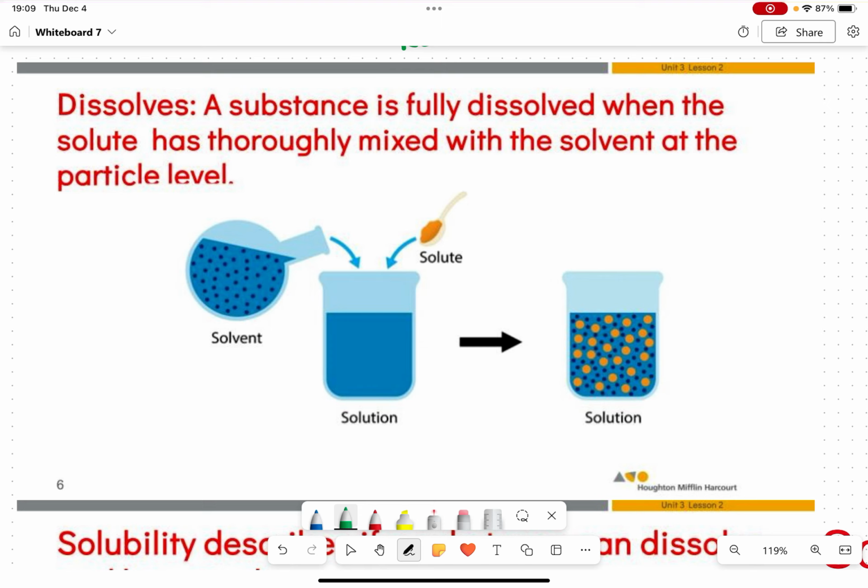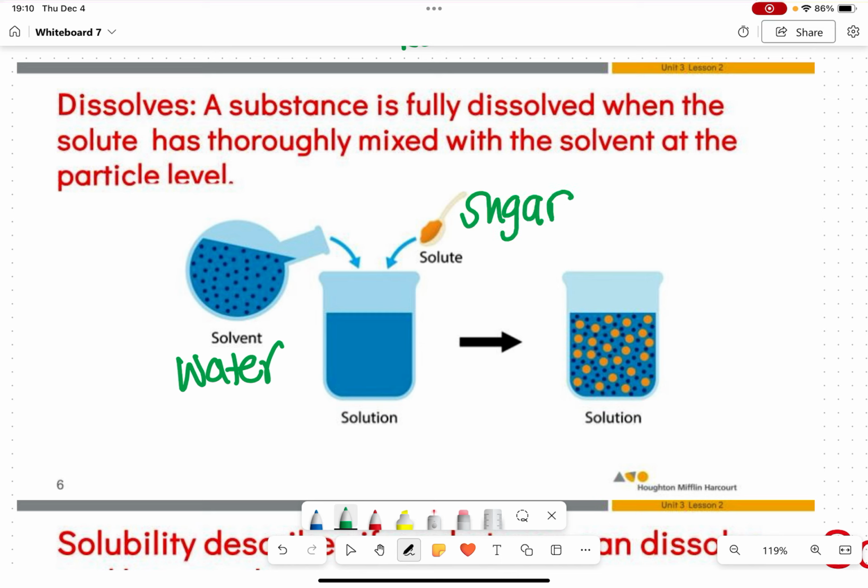Anyway, we kind of already have an idea of what dissolves means, but the official definition is that a substance is fully dissolved when the solute, the thing that you are putting in the solvent, is thoroughly mixed with the solvent. For example, my solvent will be water and my solute will be sugar.